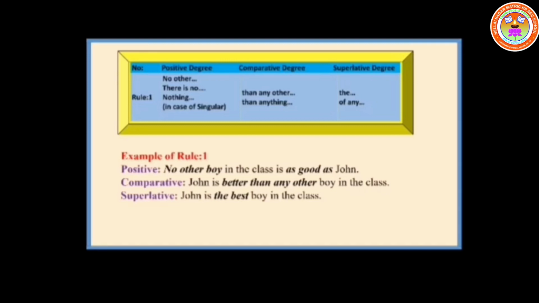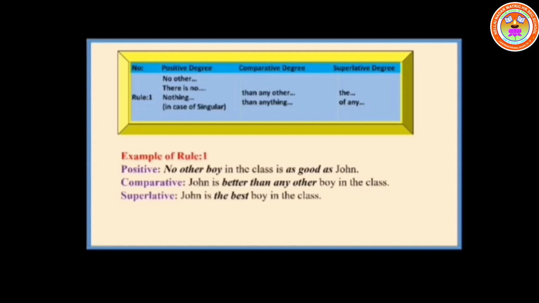As we see in the above table, "no other" is changed here in comparative degree to "than any other". And in the superlative degree: John is the best boy in the class. See how it has been transformed?